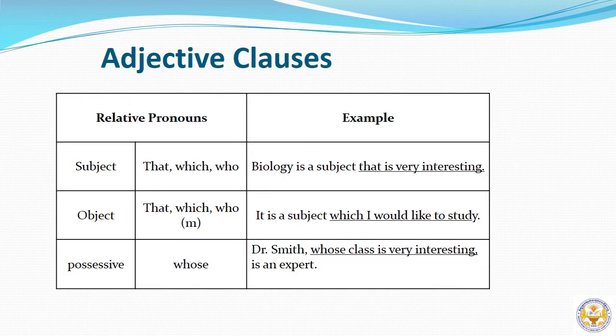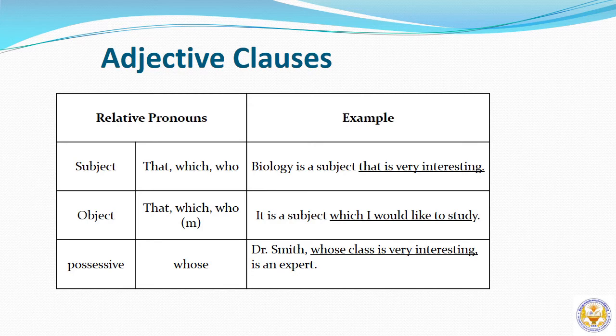So again, an adjective clause or relative clause, we use it as an adjective to modify nouns. And to write an adjective clause or relative clause, we need relative pronouns such as that, which, who, whom, whose, where, when, and why. Biology is a subject that is very interesting.